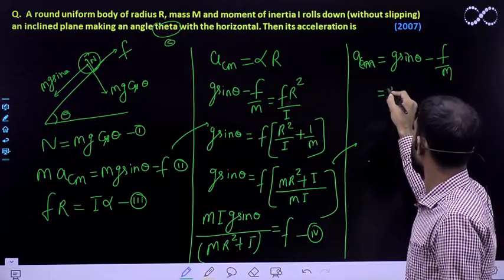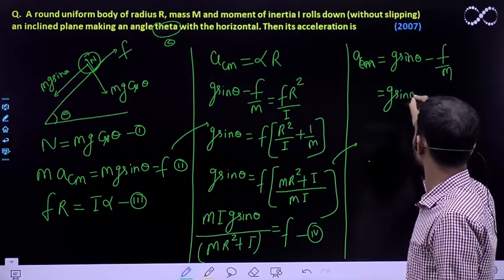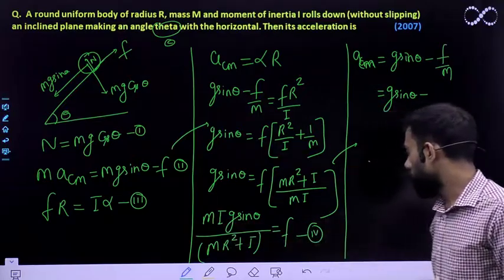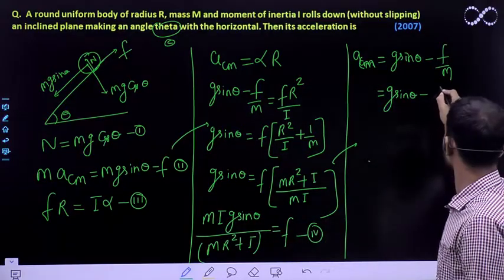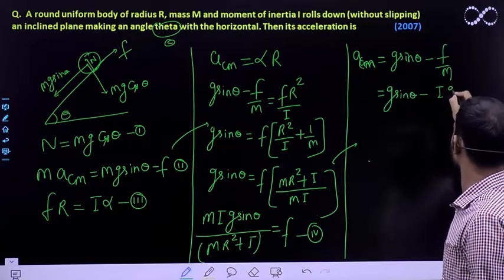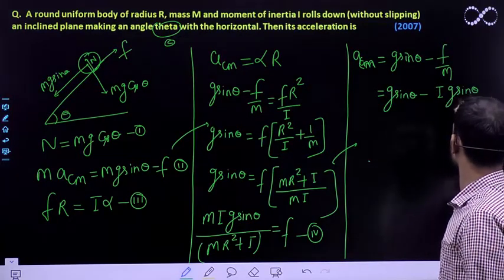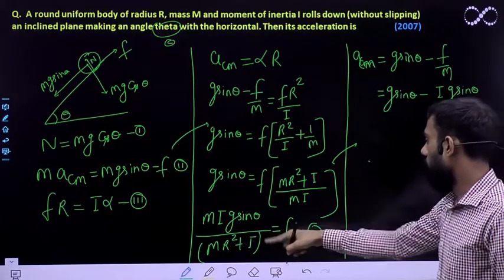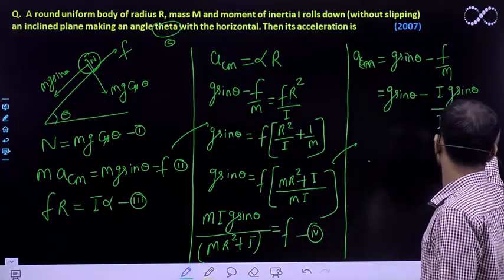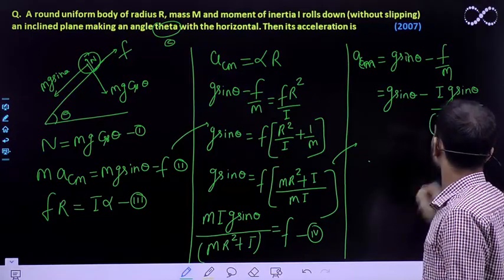I can take this m this side, so it will become f upon m. So what I will get here is I g sin theta upon I plus m r square. So this you got.